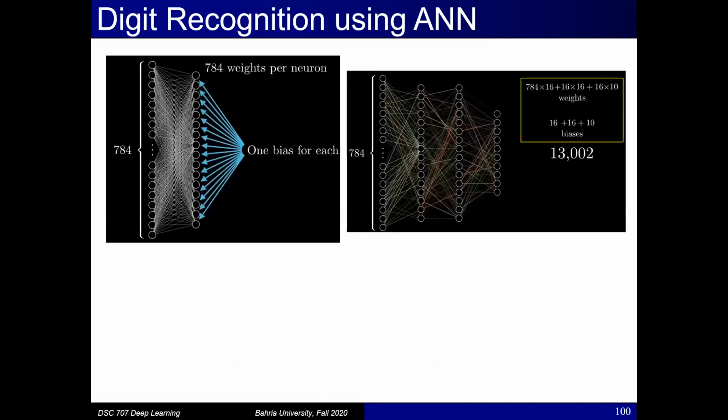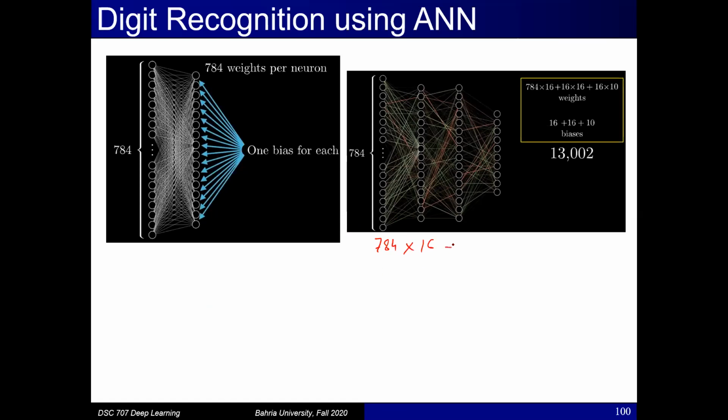Okay, another very important thing is that, given a neural network, you should be able to compute how many parameters are there. Parameters means what you have to learn, the weights and the biases. So it's fairly simple. If you remember, we did some calculation that you have 784 neurons in this layer, and maybe in this layer you have 16. So the total number of connections is 784 into 16.